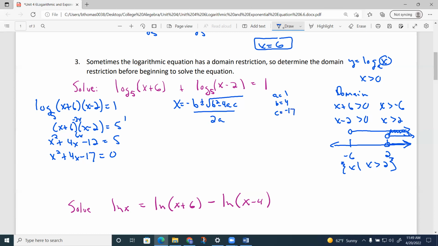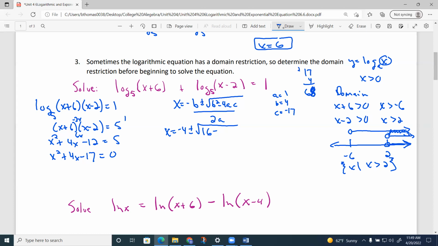So we want to put those into our formula. This is going to be x equals the opposite of b, so negative 4, plus or minus the square root of b squared, 4 squared is 16, minus, and we have to multiply 4 times 1 times negative 17. 4 times 1 is 4. 17 times 4 would be 68. 4 times 7 is 28, carry the 2, 4 times 1 is 4, plus 2 is 6, so 68.